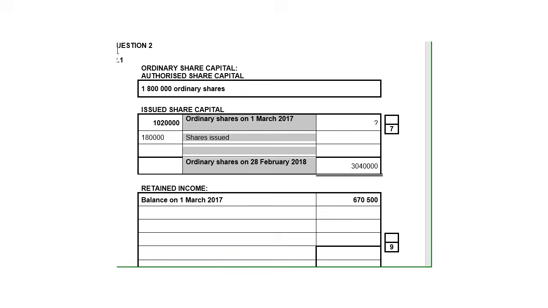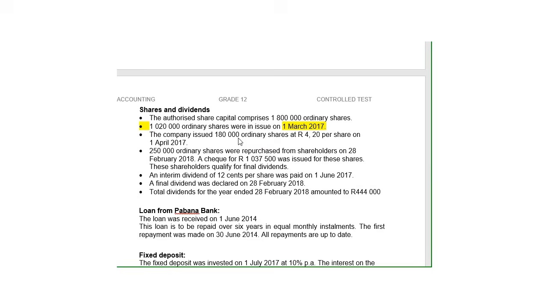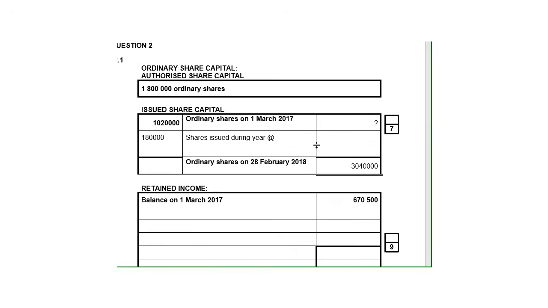Shares issued during the year, and they were issued at R4.20 each.